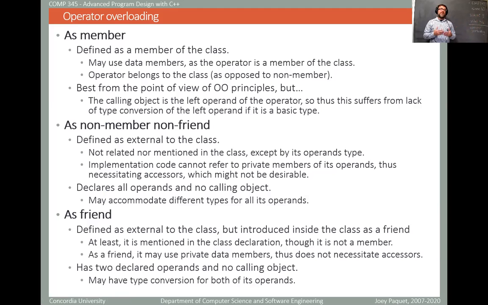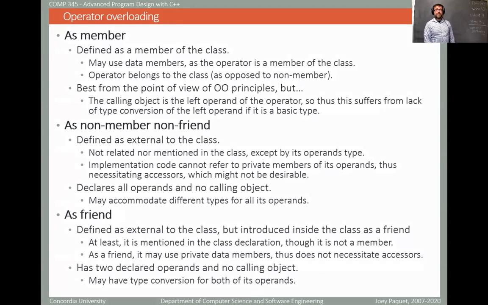You can declare them as free operators that are not friends. Of course, it has some disadvantages because it cannot access the private members. Then the optimal solution, which you see most often, is to declare your operators as free operators that are friends to the class on which they operate.